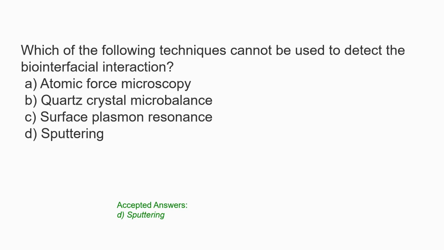High energy electrons are bombarded that displaces the material and coats on the other surface. So using high energy electrons, you can coat a surface with another material, such as gold. This is called sputtering.